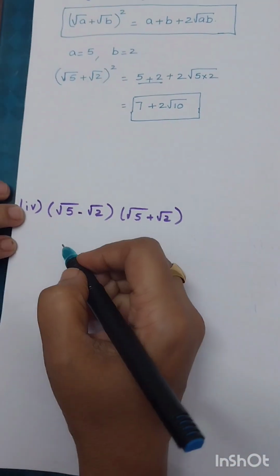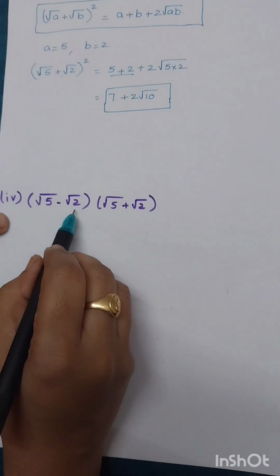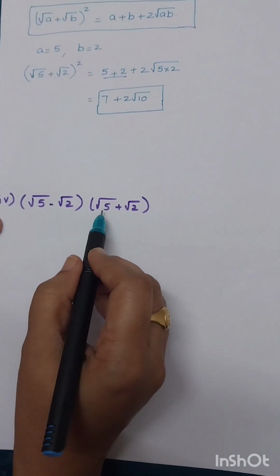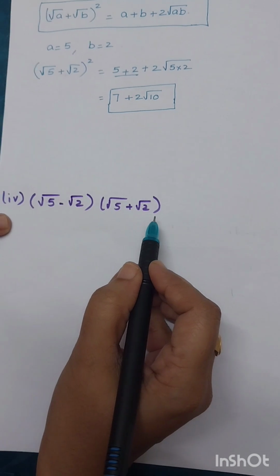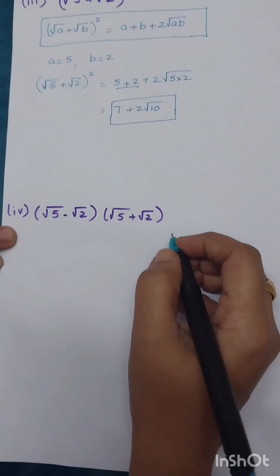Now let's proceed to the next problem. It is (root 5 minus root 2) into (root 5 plus root 2). So which identity are we going to use here? I hope you all got this.